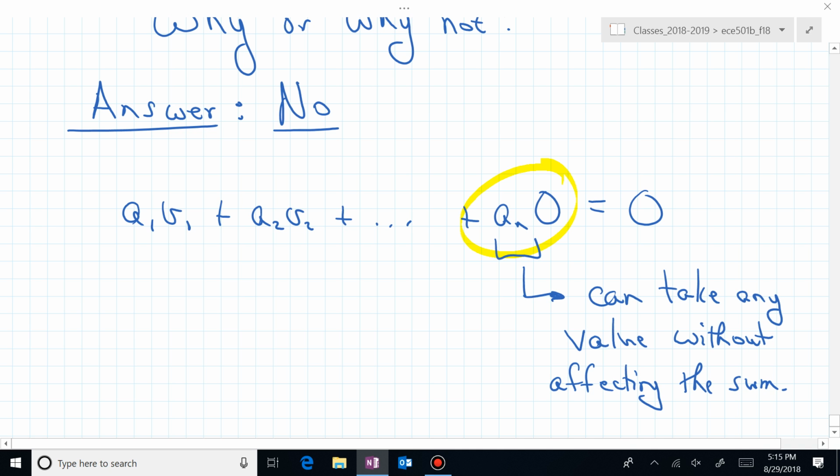And we need all of those coefficients to be 0 to be linearly independent. Now we have one that's not. So any list that contains the additive identity is by default not linearly independent.